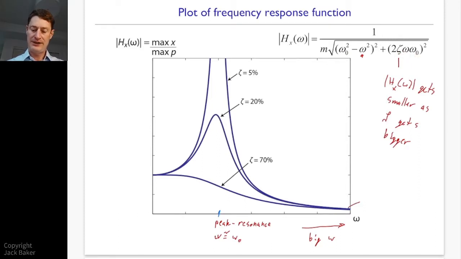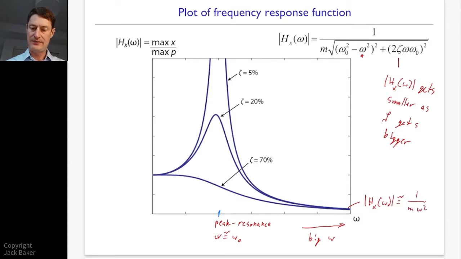So what happens is that this frequency response function we can simplify down, dropping those other terms, and it's about equal to 1 over m omega squared. Right?